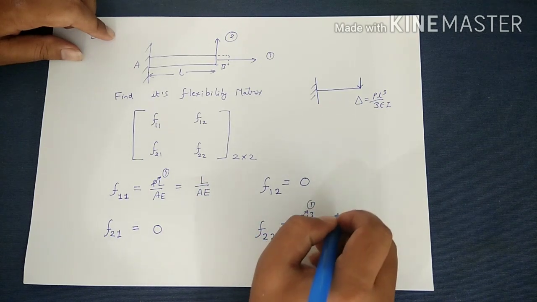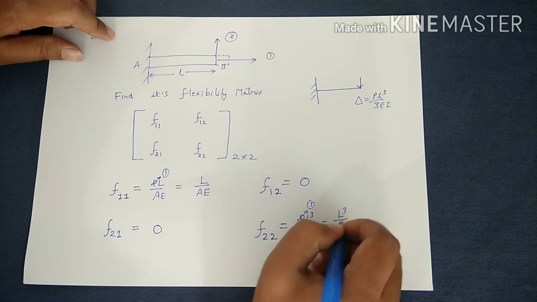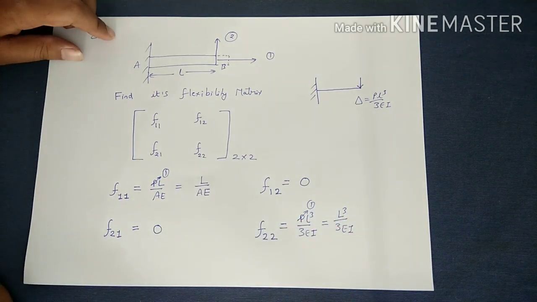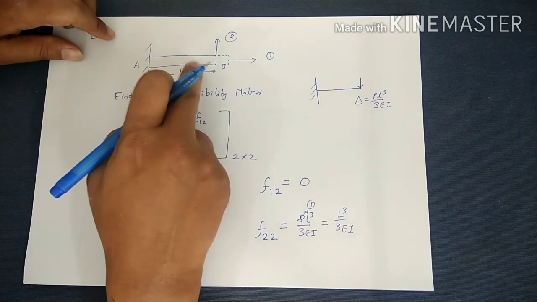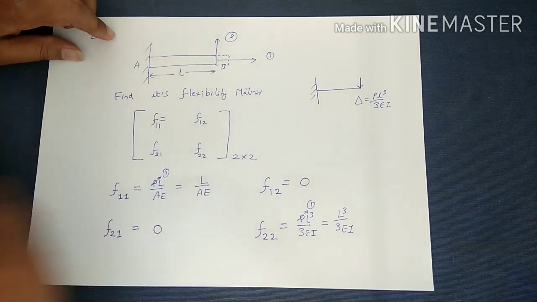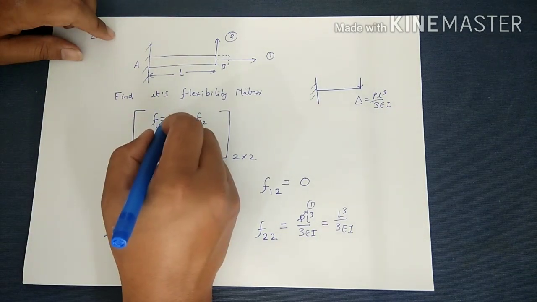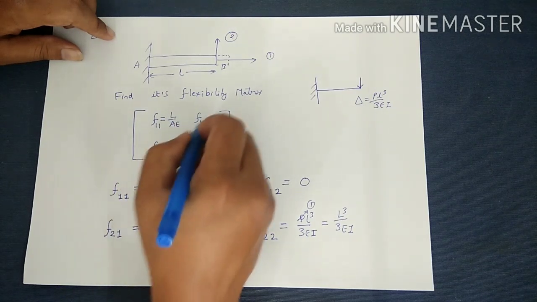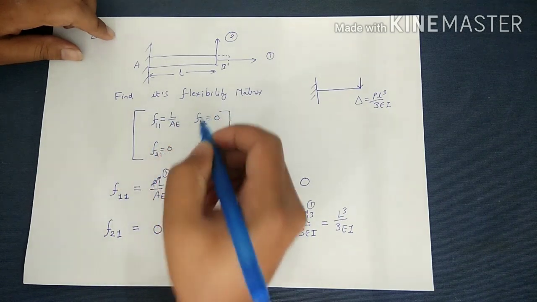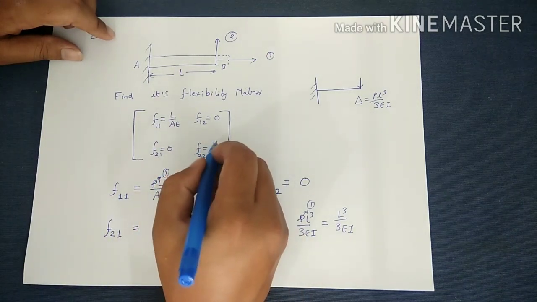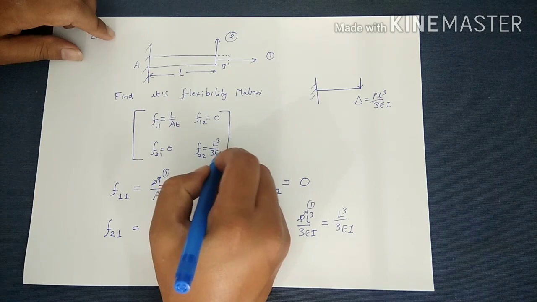Therefore, it will be equal to L cube by 3EI. Therefore, the matrix for these coordinates will be F11 will be L by AE, F21 will be 0, F12 will be 0, and F22 will be L cube by 3EI.